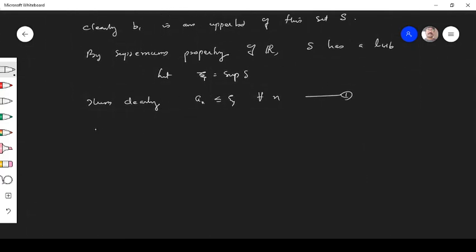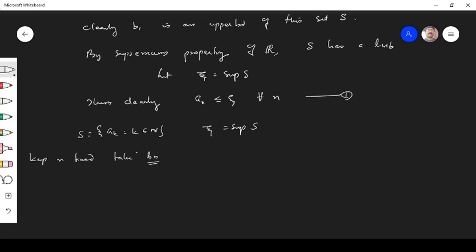Now consider again the set {a_k : k in N}. Here psi is the supremum of this set S. Let us keep n fixed and take some b_n for that fixed n.